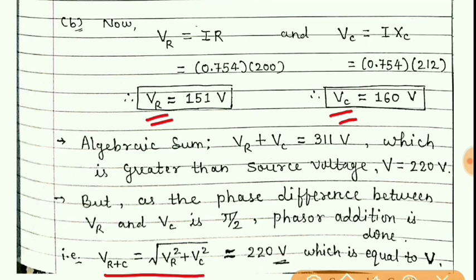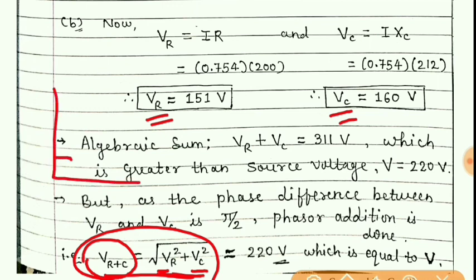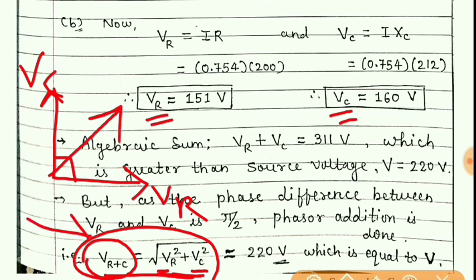So if we apply the phasor addition method, as the angle between VR and VC is 90, using the Pythagoras theorem, the resultant voltage will be equal to root of VR square plus VC square, because the angle between them is 90. So if we consider this as VR and this as VC, then resultant voltage will be obtained by this formula.